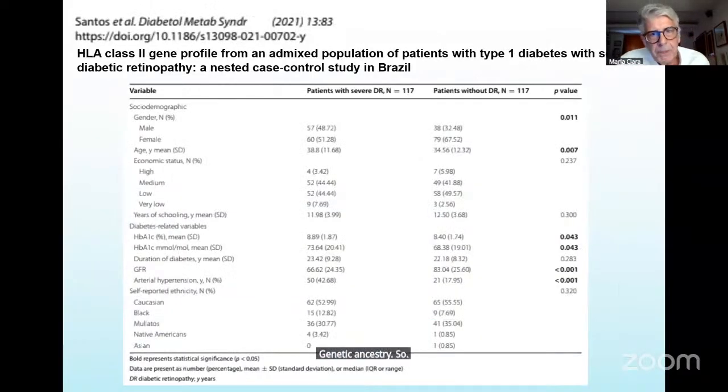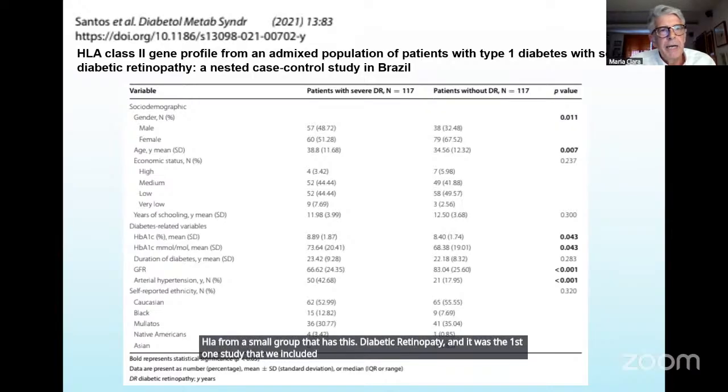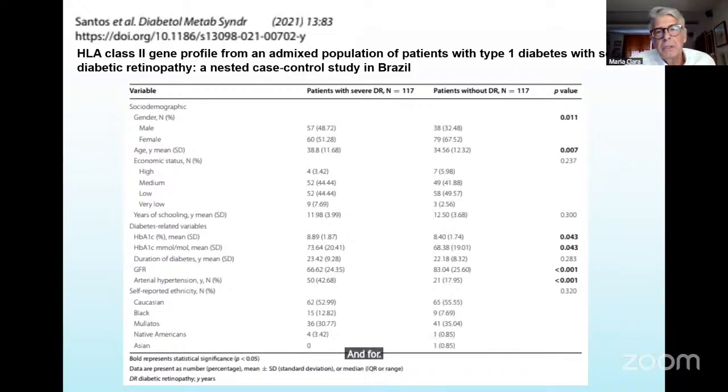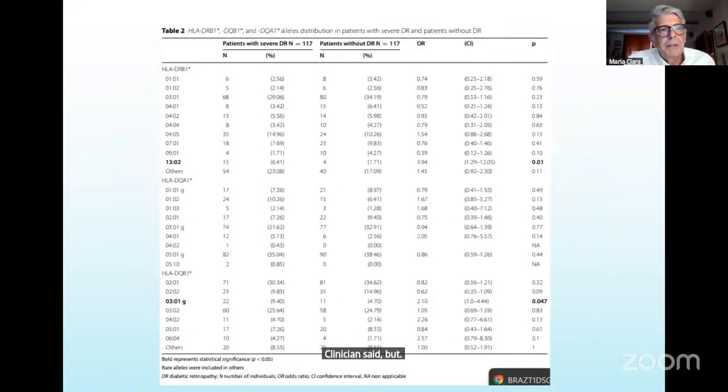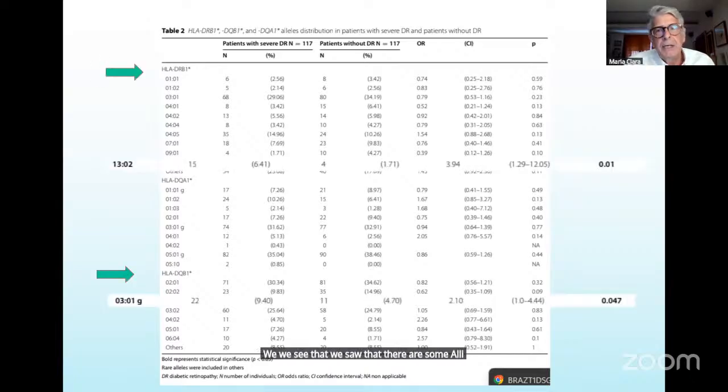So one of her students studied the HLA from a small group that has this diabetic retinopathy, and it was the first study that included HLA. For those patients, we can see that there are differences for the clinical set, but we saw that there are some alleles associated with this diabetic retinopathy.